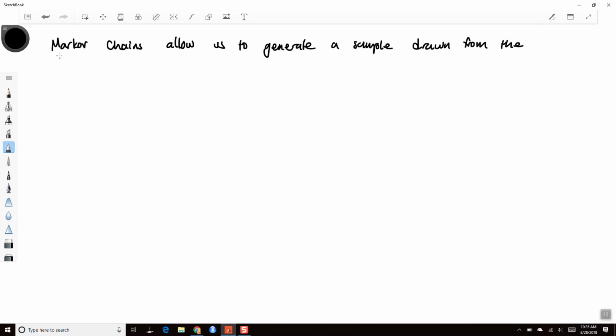So Markov chains allow us to generate a sample drawn from the probability distribution in a kind of much more efficient way.